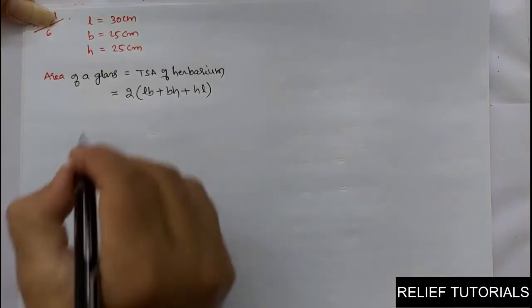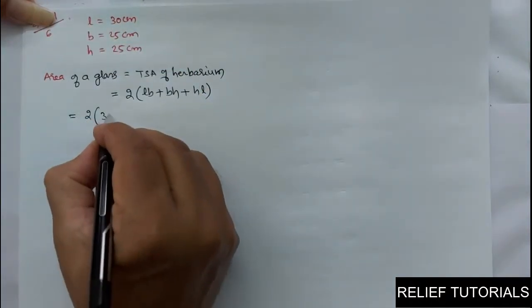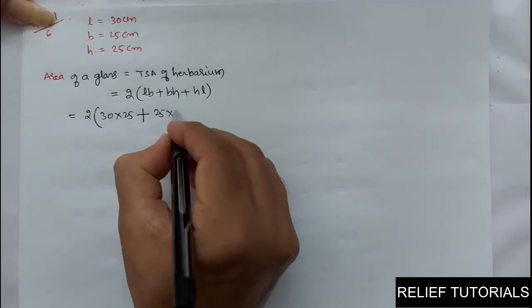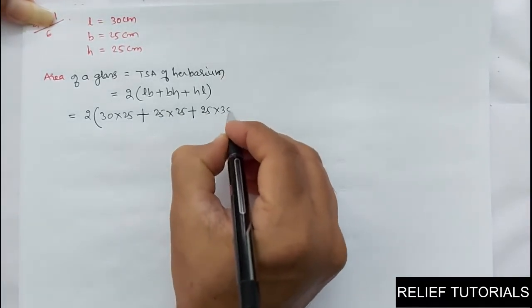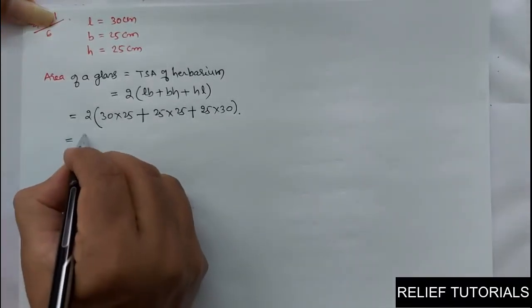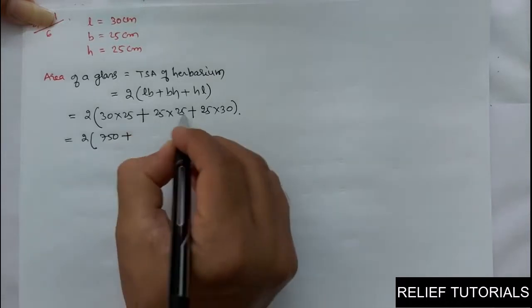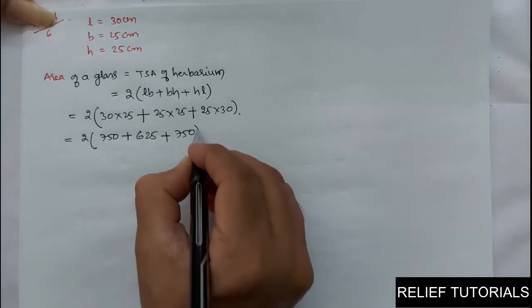Now we will substitute the values. So that is equal to 2 into length, 30, into 25 breadth, plus 25 into 25 plus 25 into 30. So that is equal to 2 into 750 plus 625 plus 750.